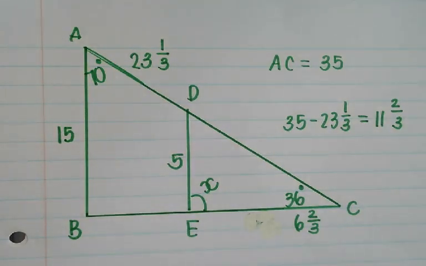So remember, we only need 3 bits of information to prove congruency, and one of them has to be a side. The others can be more sides or can be a combination of angles and sides. Now there are 4 that we accept. Side, side, side, so we have at least one side, that's allowed. Side, included angle, side, we have one side, that's allowed.